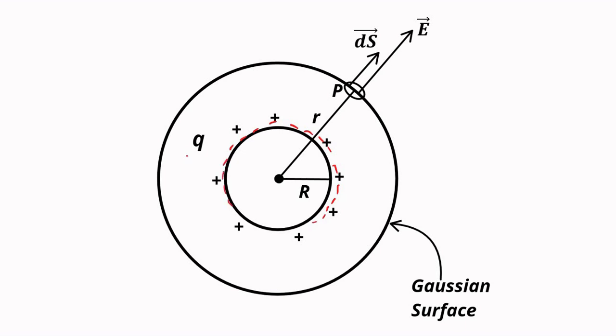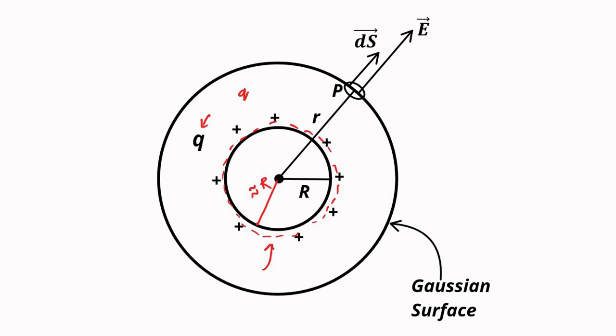So here this radius will be nearly equal to capital R. So the charge enclosed by the Gaussian surface here also will be Q. This much charge will be enclosed by this Gaussian surface for electric field calculation on the surface of the sphere.